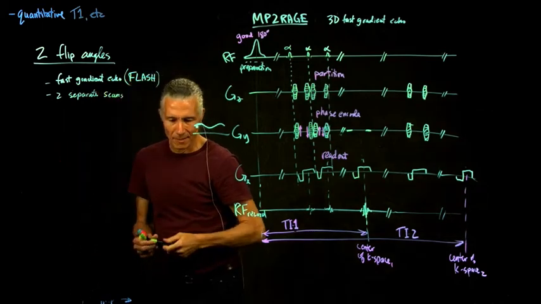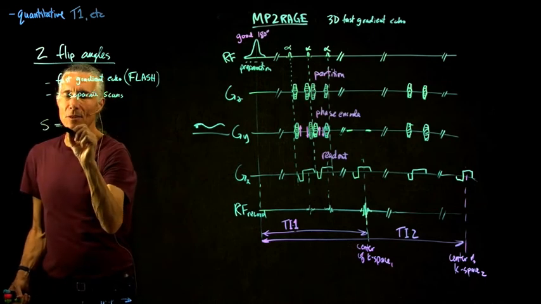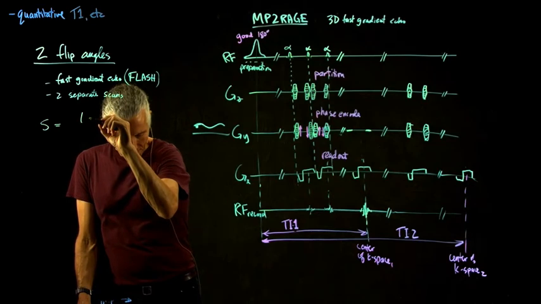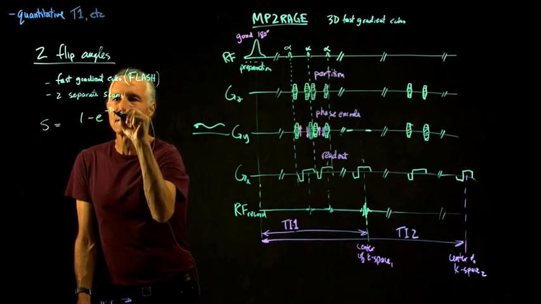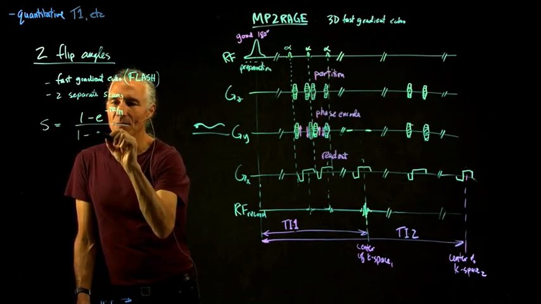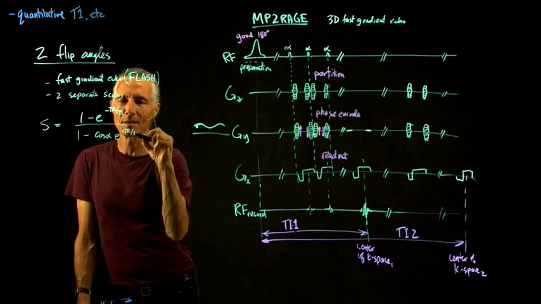Two separate scans, and then if we draw out the signal amplitude that we used in the homework, it was 1 minus e to the minus TR over T1, over 1 minus cosine of the flip angle times e to the minus TR over T1.